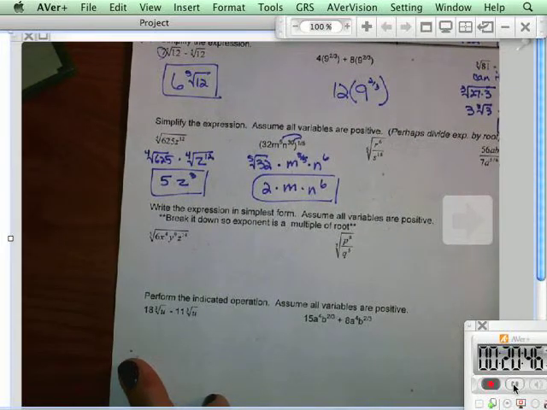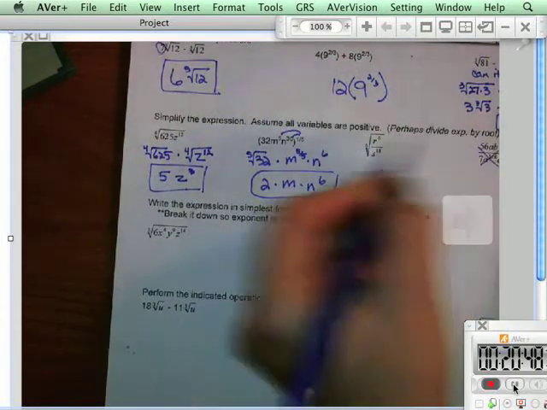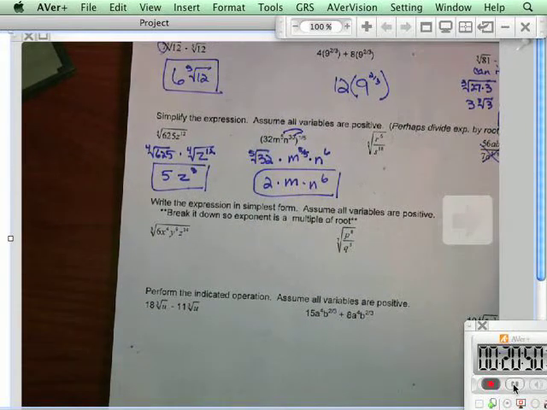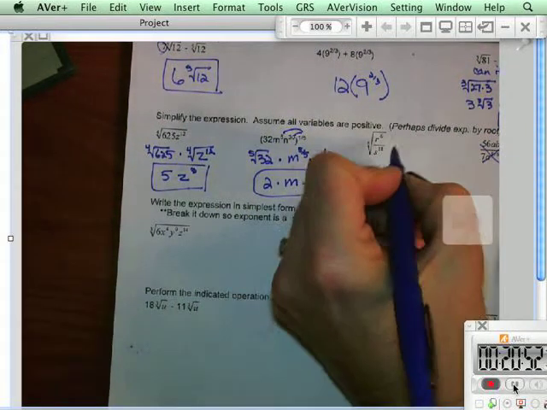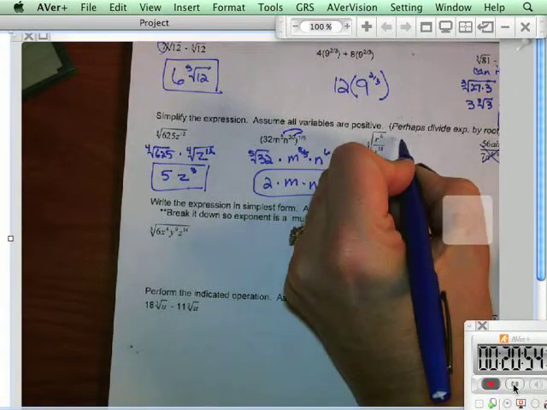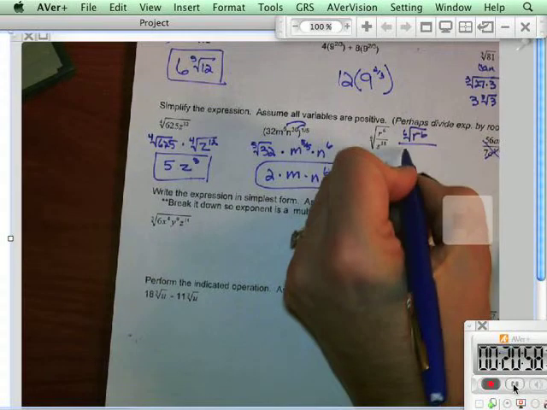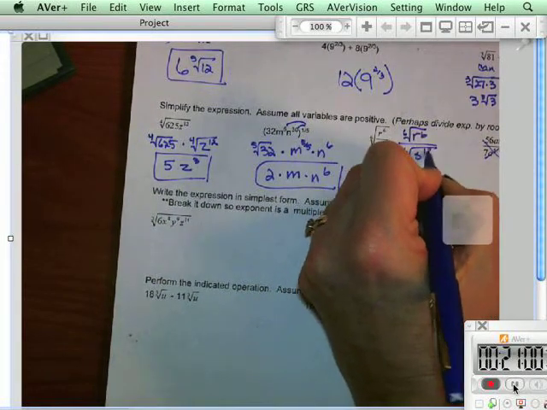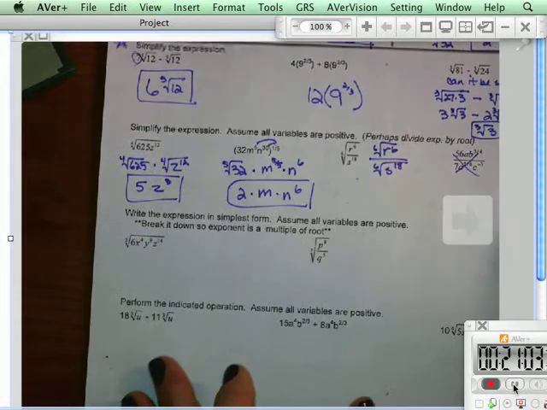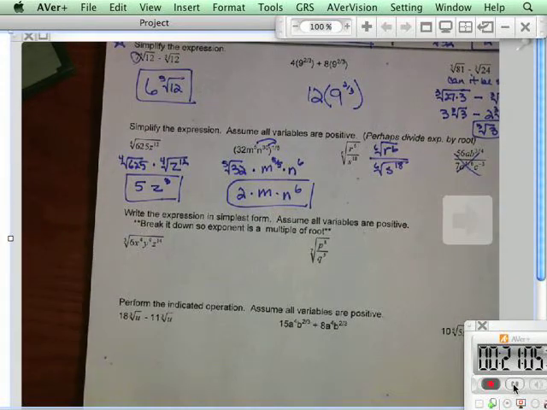Okay, I'm not going to do this one, but I will do this one. Let's do this one, just for the sake of time. Let's split this up. I have the 6th root of r to the 6, so I'm going to write it like this. Ladies and gentlemen, what's the square root of x squared?